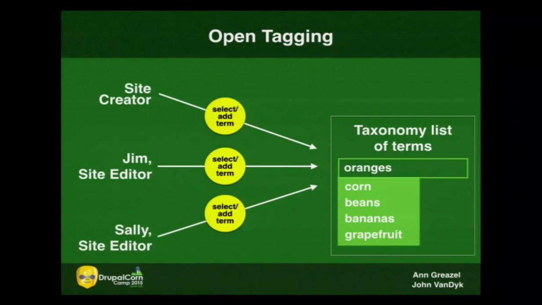So you know how we manually added the terms to the vocabulary a minute ago? If you do open tagging and you select this option, all of your editors, including yourself, when you add terms, will automatically add them to the vocabulary for you. You don't have to do anything to make that happen. Does that make sense? Okay.